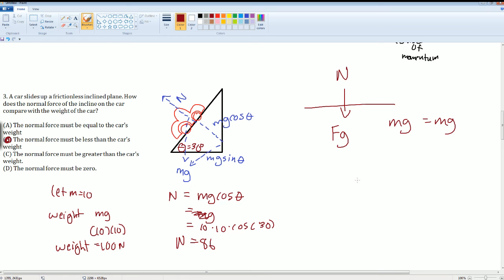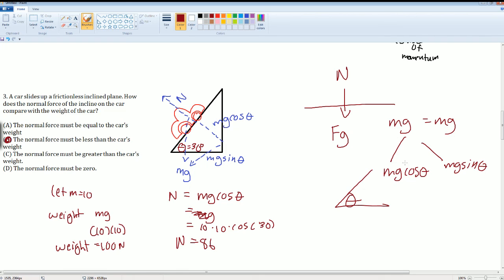But once you throw in an incline, the force of gravity is split into two parts: an mg cosine theta and an mg sine theta.